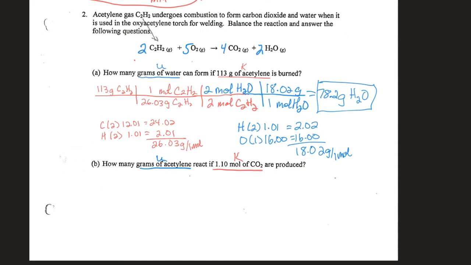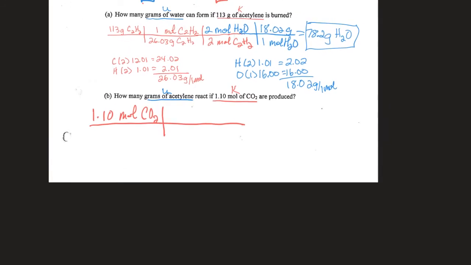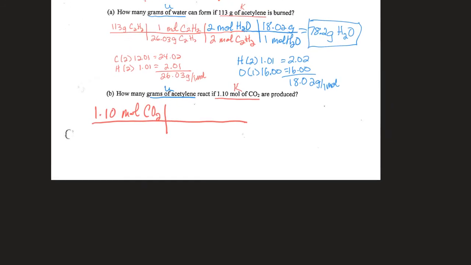So the ones I'm going to need for this problem is CO2, so I'm going to box that. I'm also going to need acetylene. Now I'm ready to do the problem. So my known is 1.10 moles of CO2. Now I'm starting at moles, so I'm going to make sure my units cancel out. If I have moles of CO2, I can just go to my mole bridge. I don't need to have the gram part.